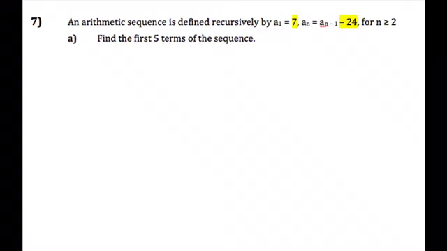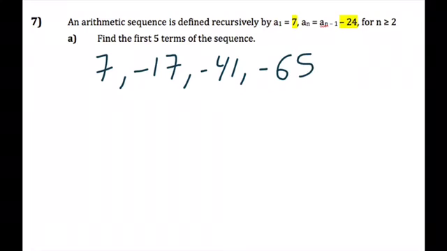Okay, let's go through this. So for your first 5 terms, you should have had 7, negative 17, negative 41, negative 65, negative 89, dot dot dot.